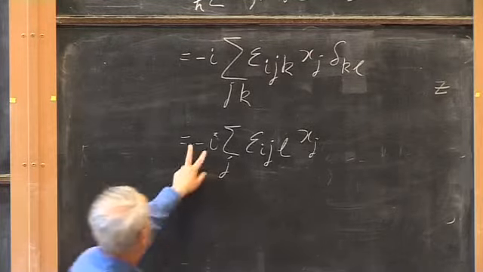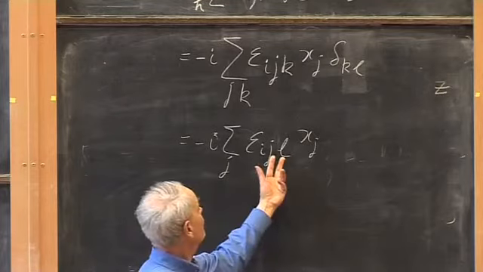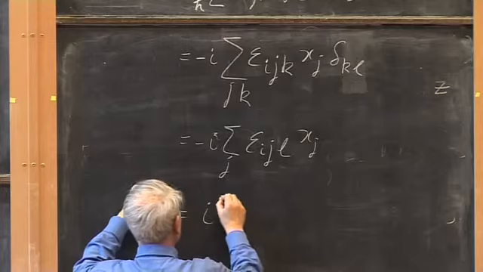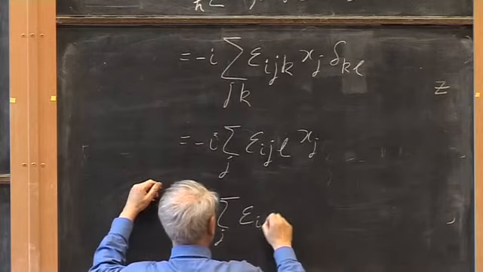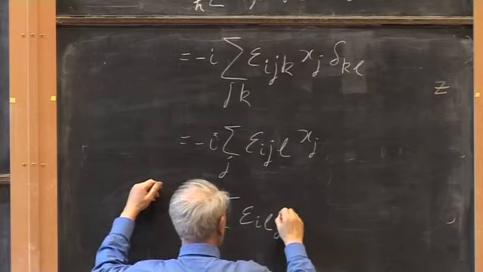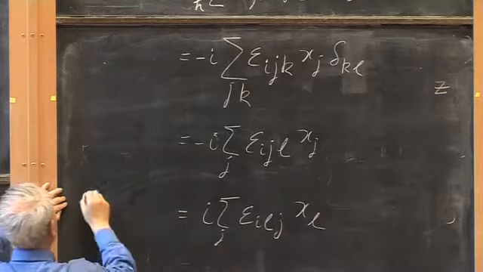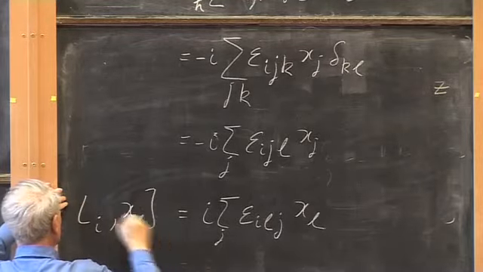And we can get rid of this unattractive minus sign by swapping the order of these two, right? So we can write this as plus i, the sum over j of epsilon i l j xj. So let me just write in the left-hand side again so we can appreciate the pattern that we're getting.